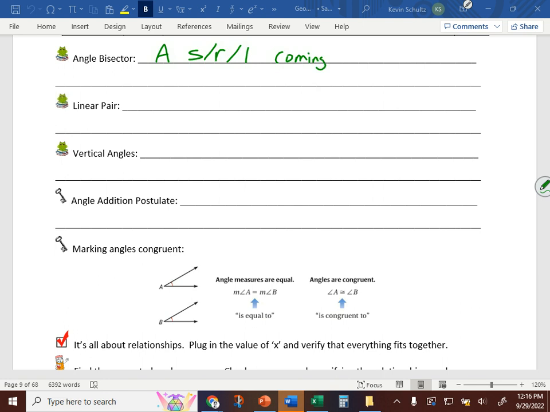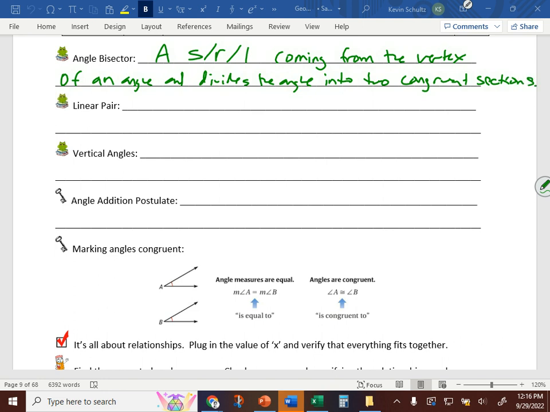Coming from the vertex of an angle and divides the angle into two congruent sections. A segment, ray, or line coming from the vertex of an angle and divides the angle into two congruent sections. That's what an angle bisector does.